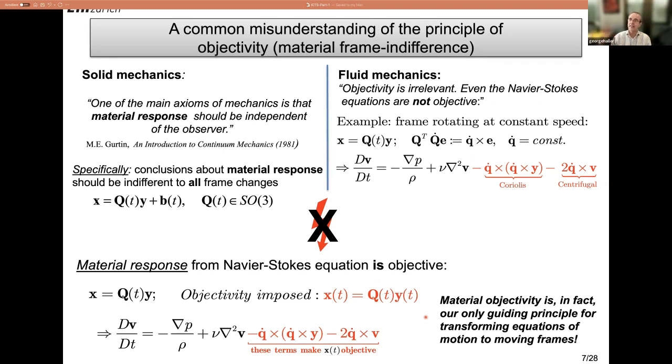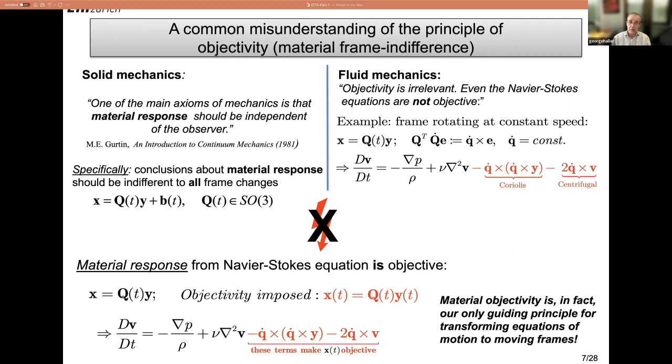We differentiate it in time, and that step guarantees that the material response from both the old frame and the new frame, even though I have no explicit solutions for Navier-Stokes, will be related precisely the way they should be. So that's the answer to the apparent contradiction. Objectivity is just as well upheld in fluid mechanics as it is in solid mechanics. In fact, this is the lifeline of fluid mechanics when we want to derive equations in new frames, right?